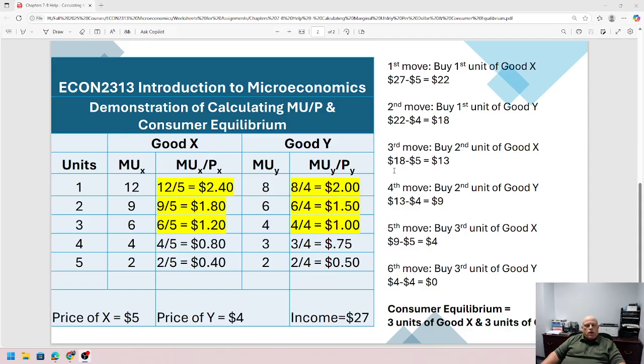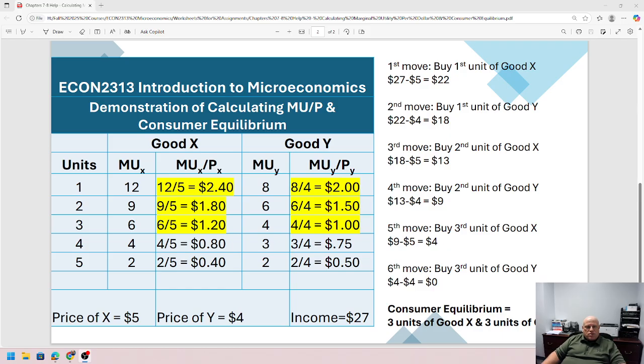Now the fourth move: you look again to see which good is going to give us the highest marginal utility per dollar.